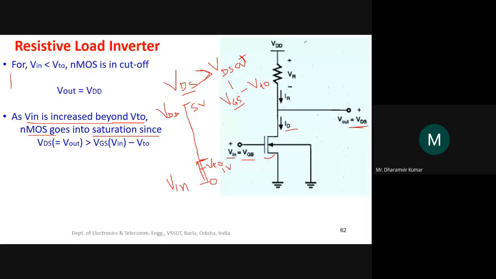It is still in the vicinity of VT naught, so this range is very small, and the device will be in saturation, and this condition will be followed. So when you go just above VT naught at the input side, the device will enter into saturation, satisfying this condition.